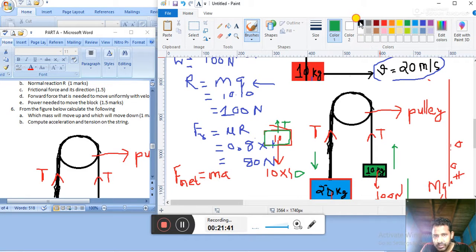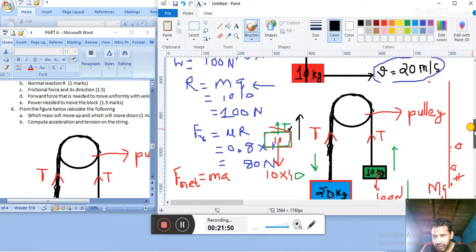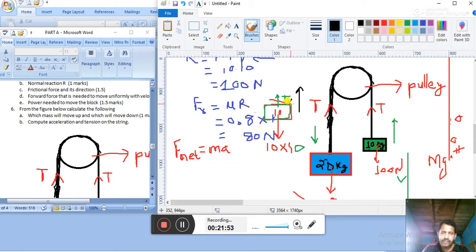We assume this body will move upward, so tension is greater than 10 into 10. Net force: tension minus 10 into 10 equals ma, which is 10 into a, 10a. I call this equation 1.